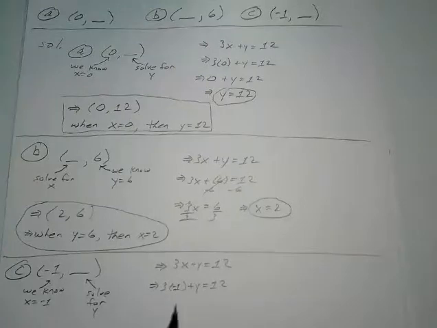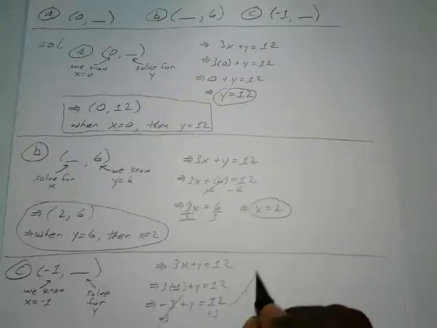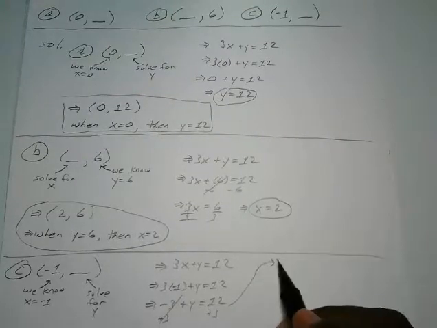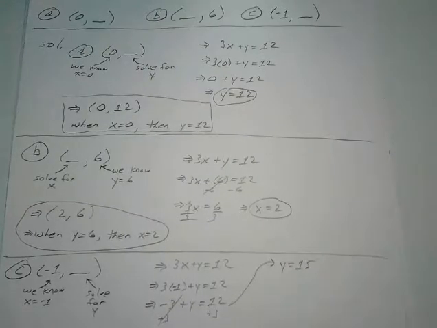Okay, so 3 times -1 is -3. So we have -3 plus y equals 12. So if we add 3 to both sides, these two cancel out. So we have y equals 12 plus 3, which is 15. So y equals 15. So that gives us the ordered pair of -1, 15.